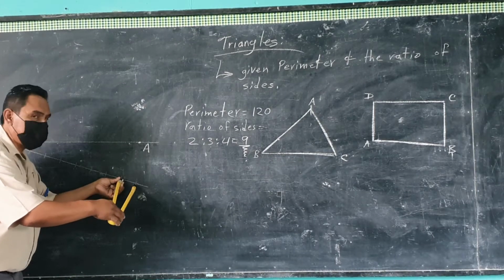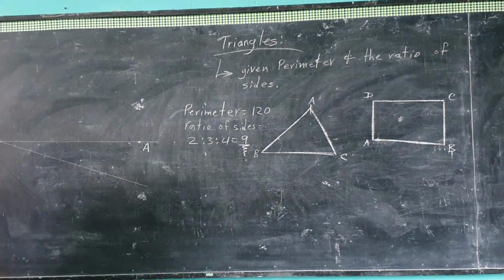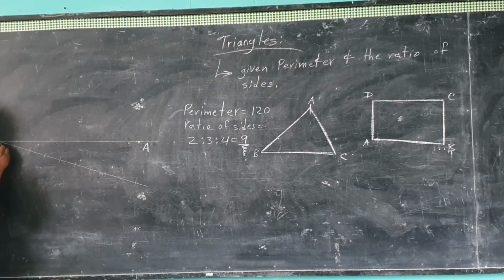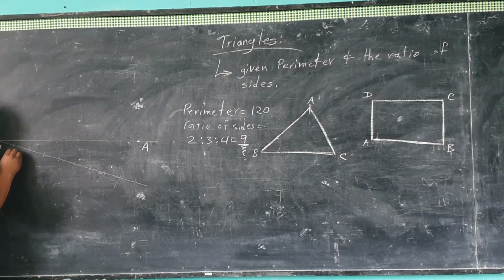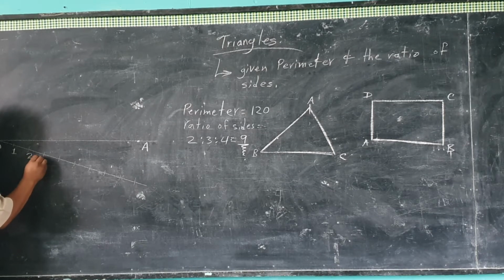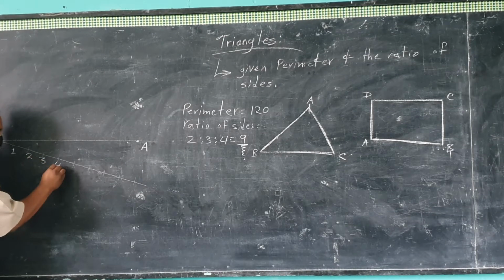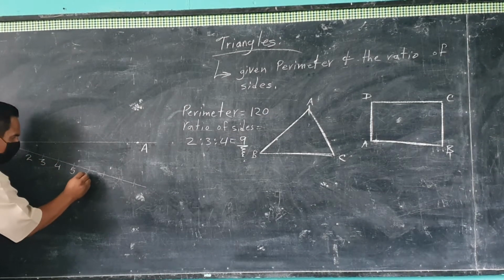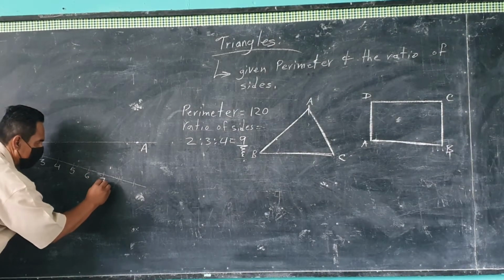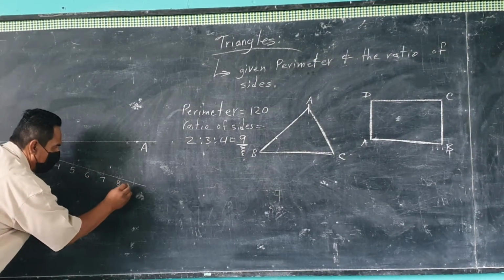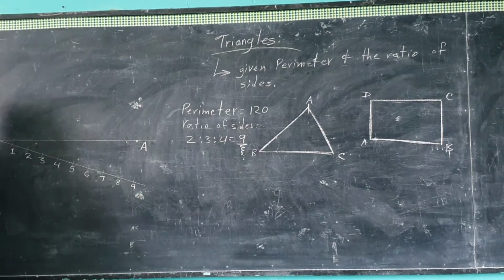Look at that class. There is my 9 point. Then you can number 0, 1, 2, 3, 4, 5, 6, 7, 8, 9.